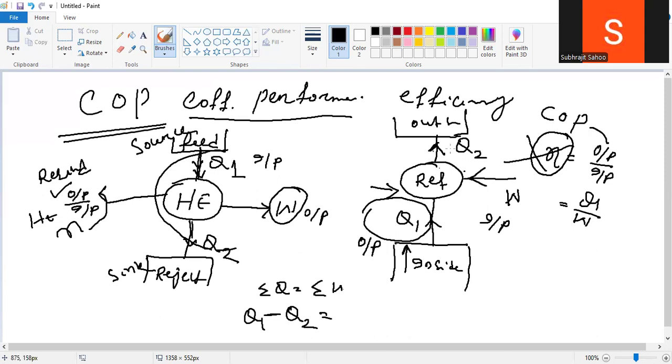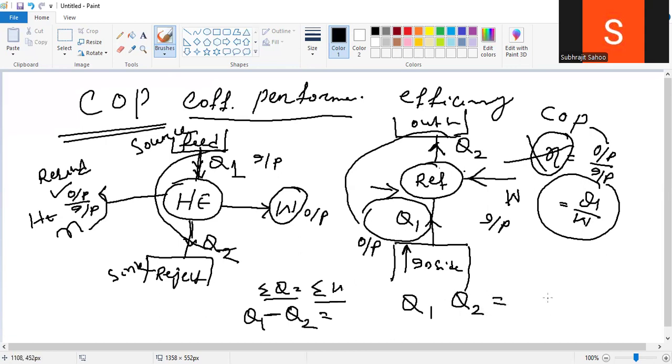If I simplify Q1 by W, I have to apply the first law here. What is the first law? Summation of Q equals summation of W. Observe, summation of Q is Q1, Q2, equal to W. Now tell me, W means work.